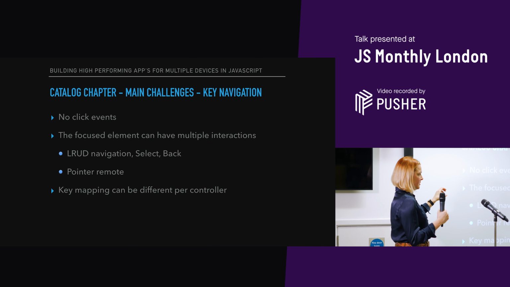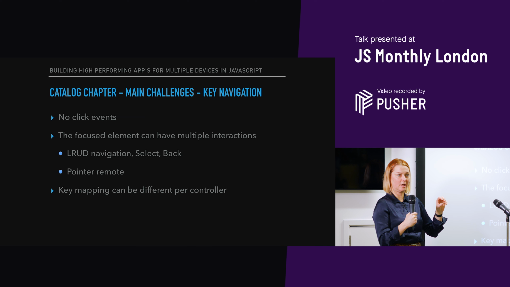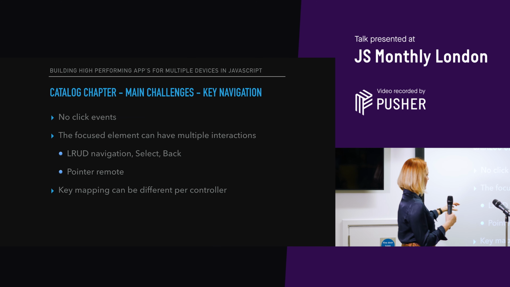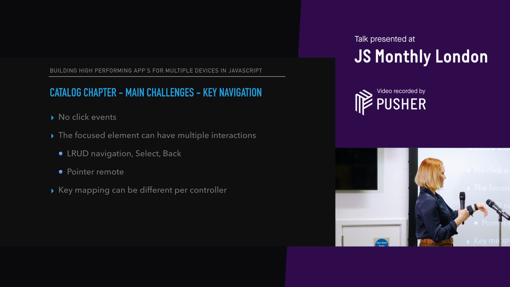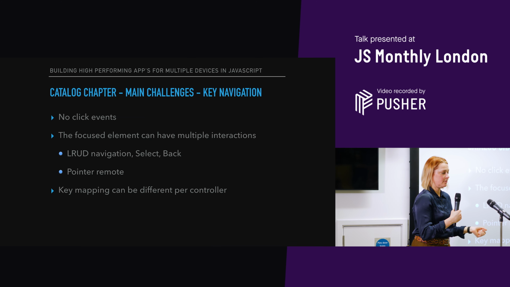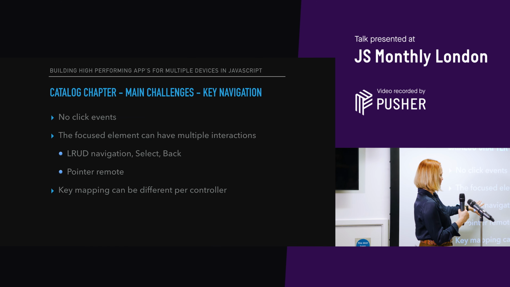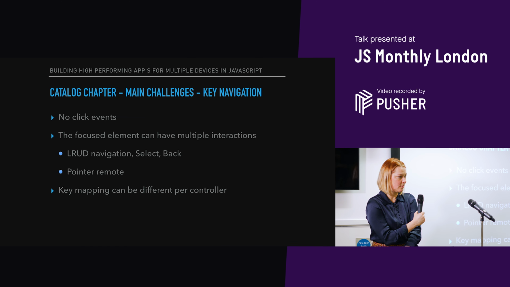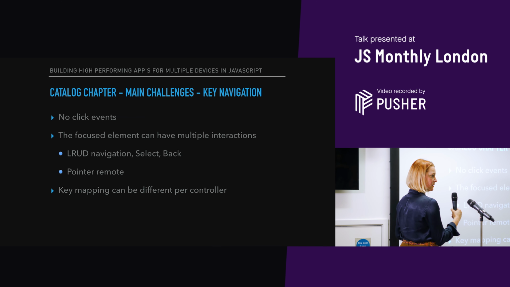Those focused elements can have multiple interactions. When we're focusing on a certain element, they can go left, right, up, down. We can select or enter and have a back button. What is challenging here is that we can map the left, right, up, down to our keyboard events, and usually it is the same mapping on the device controller itself.